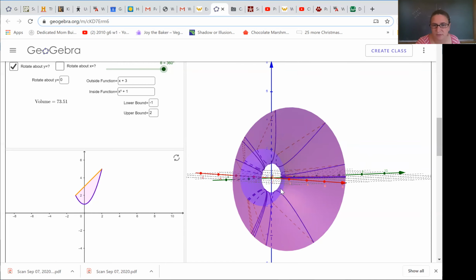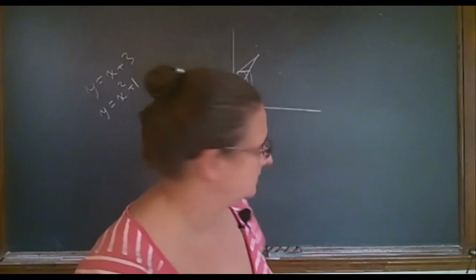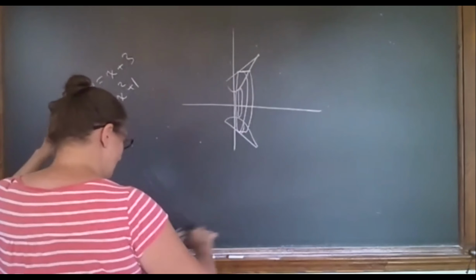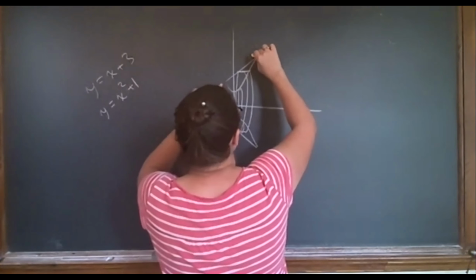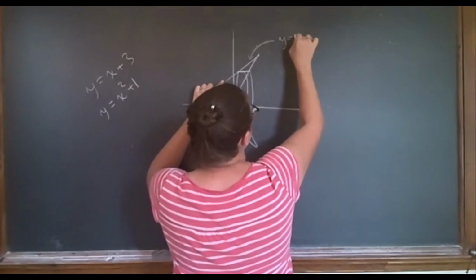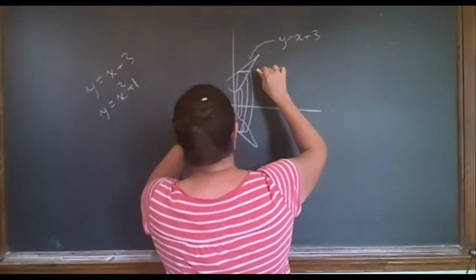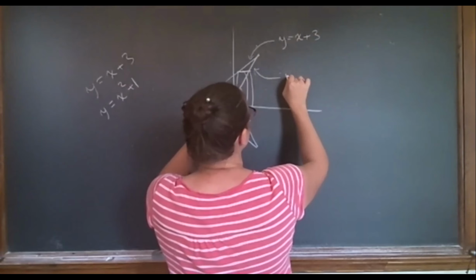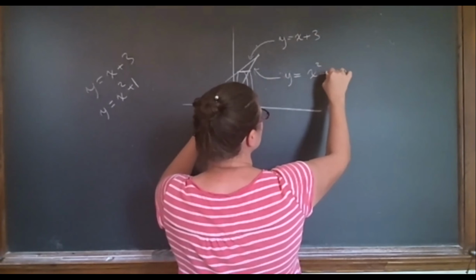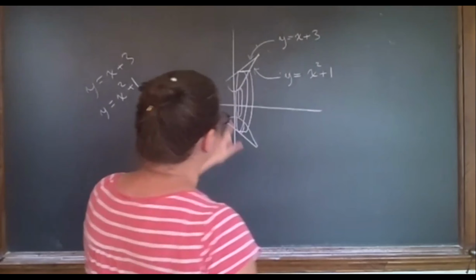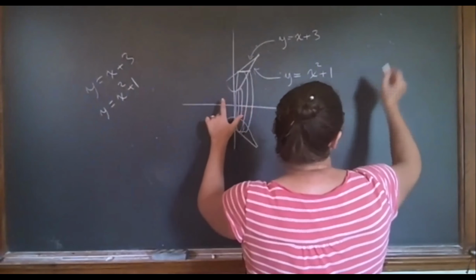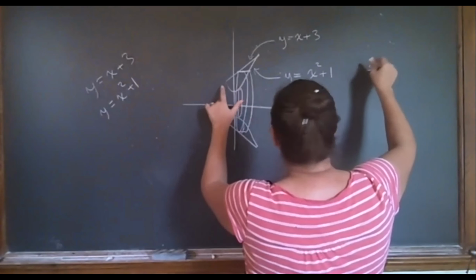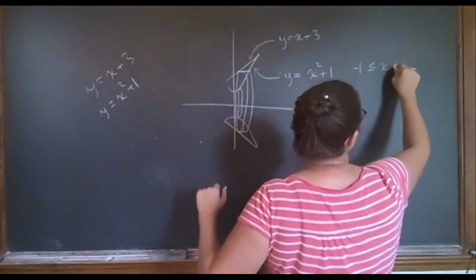Okay, so let me get rid of this and make myself large again. And then we'll do this problem, okay? Which I wrote badly here, but what I want to look at is this outside curve is y equals x plus 3, and this inside curve was y equals x squared plus 1, and they told us, or we figured out, which we could easily figure out, that our x values went from -1 to 2, right?